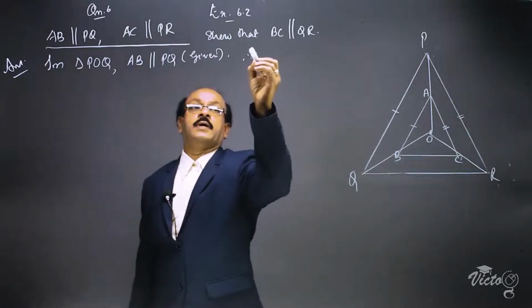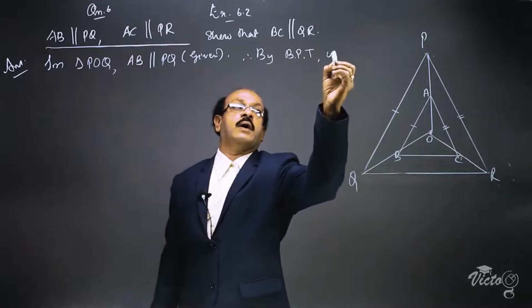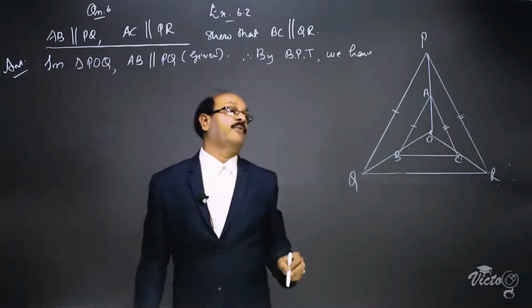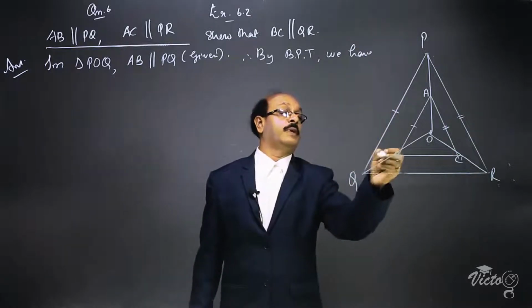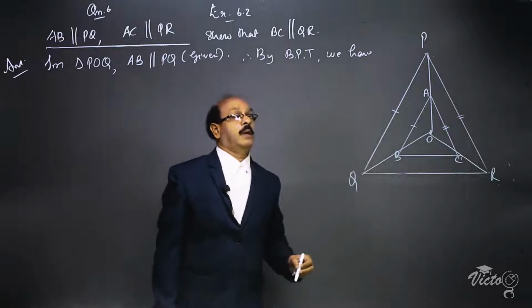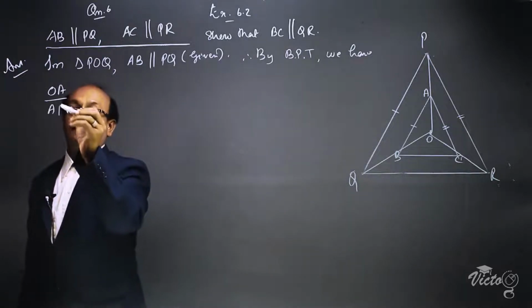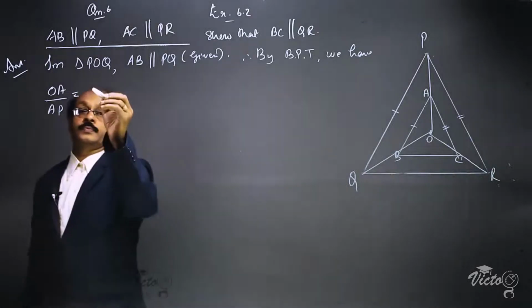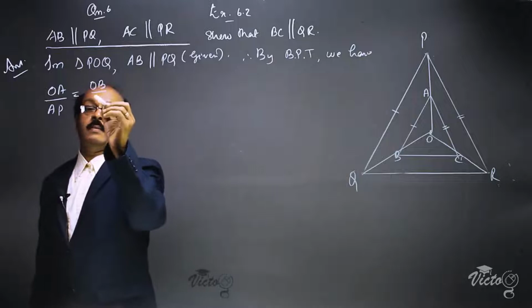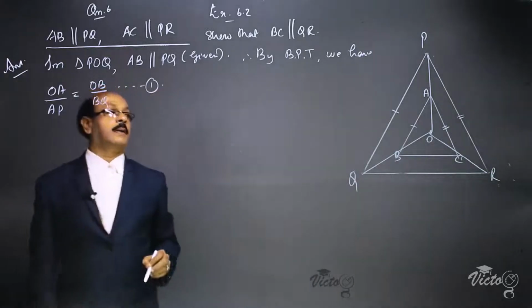Therefore, by BPT, the basic proportionality theorem, we have OA by AP is equal to OB by BQ. We are naming it as equation number 1.